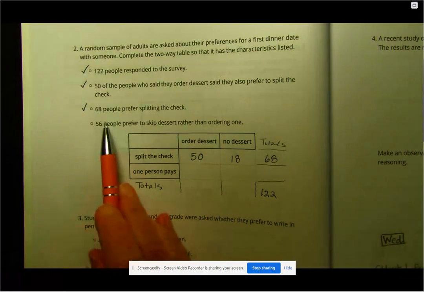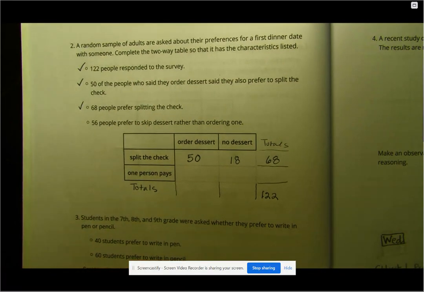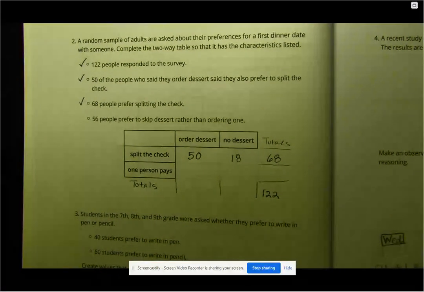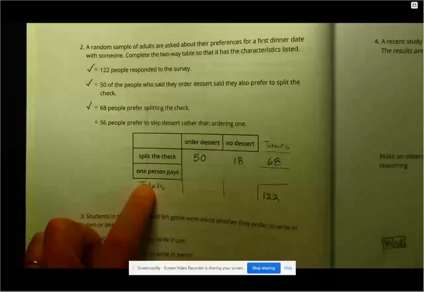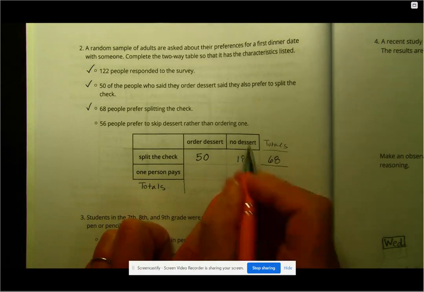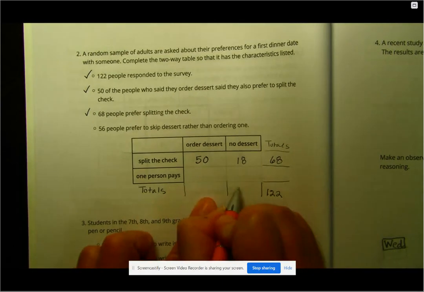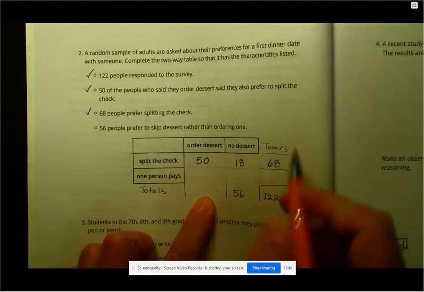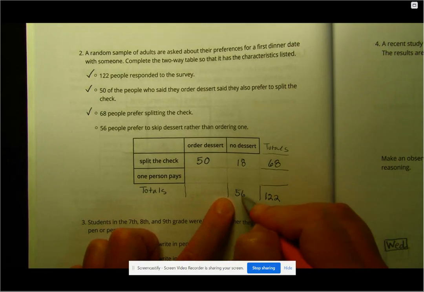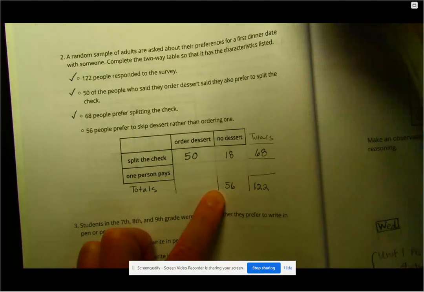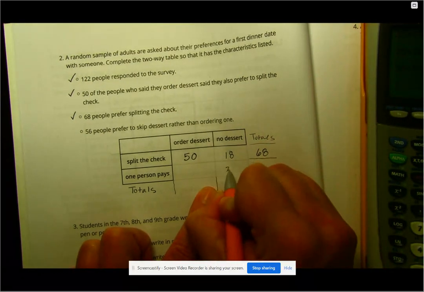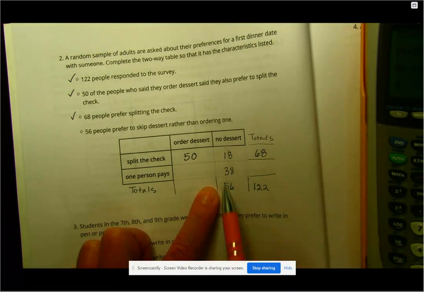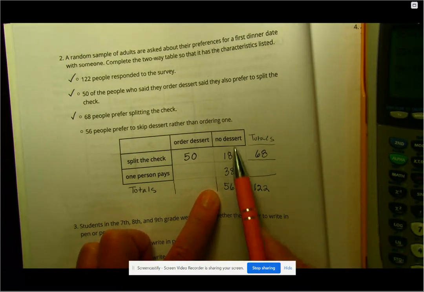Next says 56 people prefer to skip dessert rather than ordering one. Okay, so again, they give us a total down here, 56. Well, that helps us because then we can figure out this right here. 56 minus 18, I don't want to make any mistakes. That must mean 38.